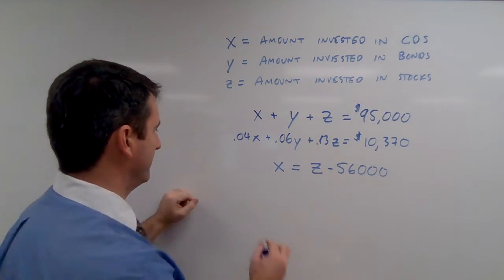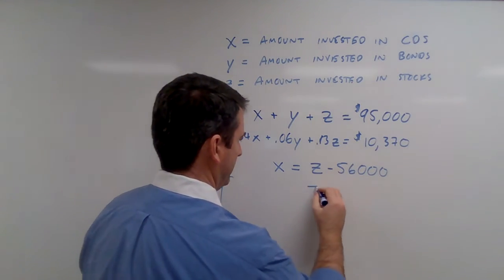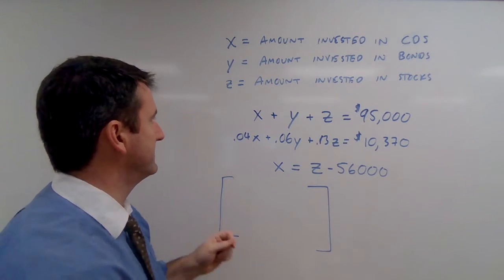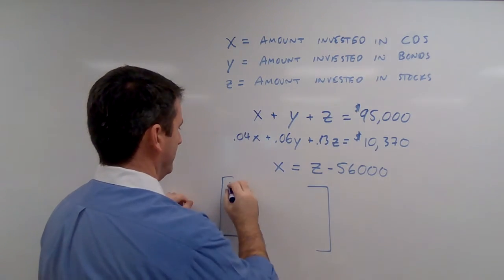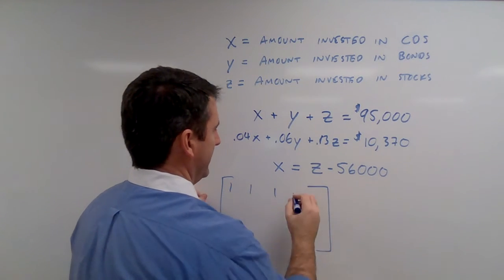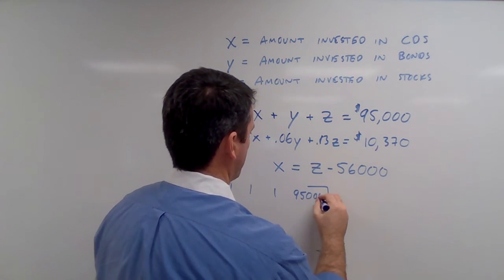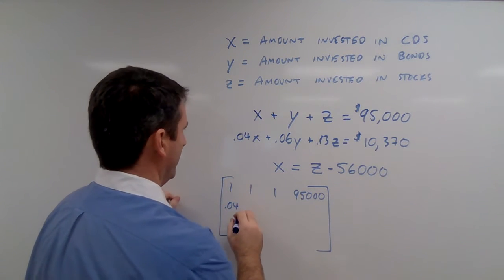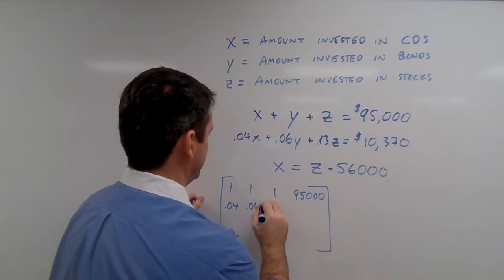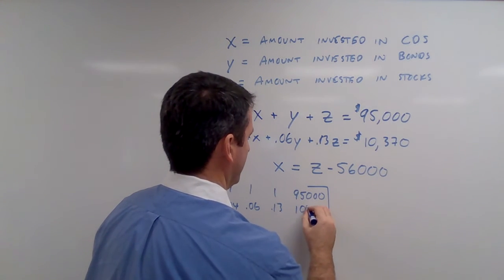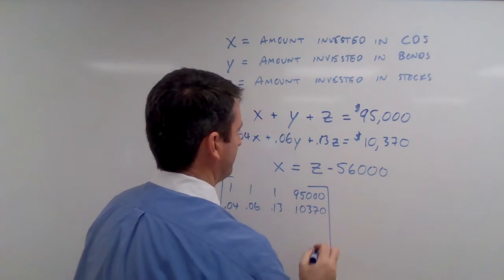All right, so the first row in our matrix is going to come from this equation. So we're going to have 1x plus 1y plus 1z is equal to 95,000. And then the second row is going to be 0.04x, 0.06y, 0.13z is 10,370.